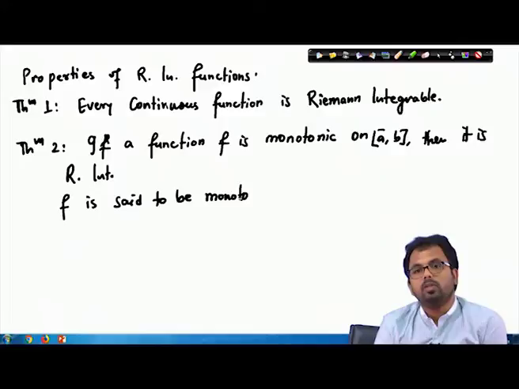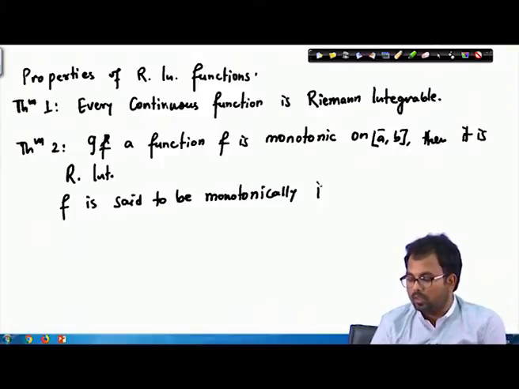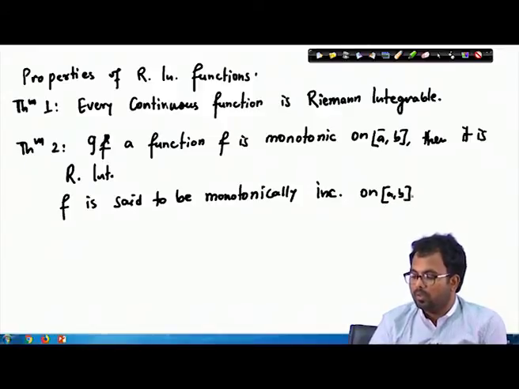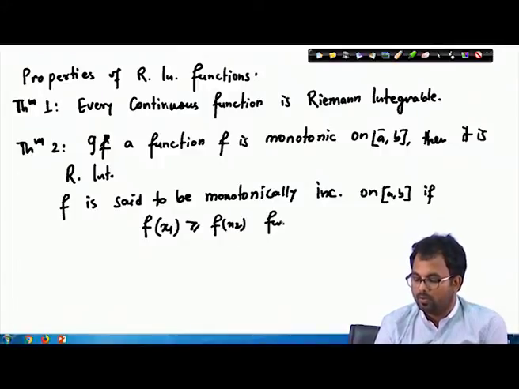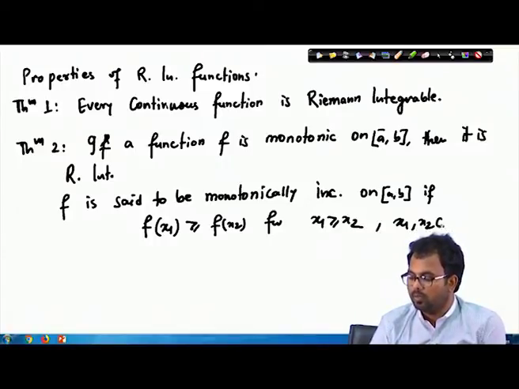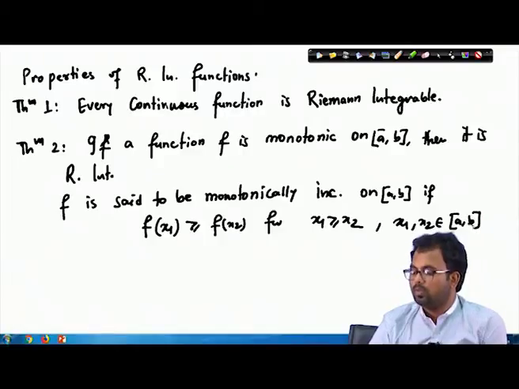A function can be monotonically increasing or monotonically decreasing, or it can be strictly increasing or strictly decreasing. Here, f is monotonically increasing on a, b if f(x1) is greater or equal to f(x2) for x1 greater or equal to x2, where x1 and x2 are two points in a, b.